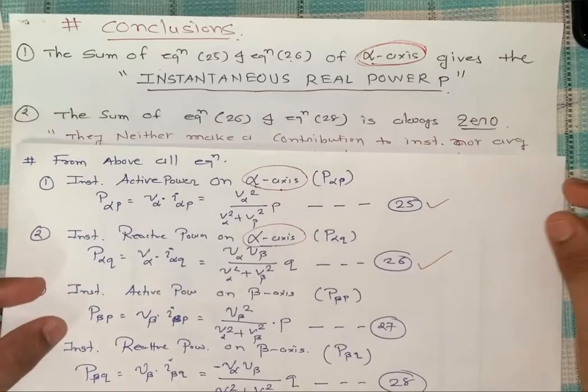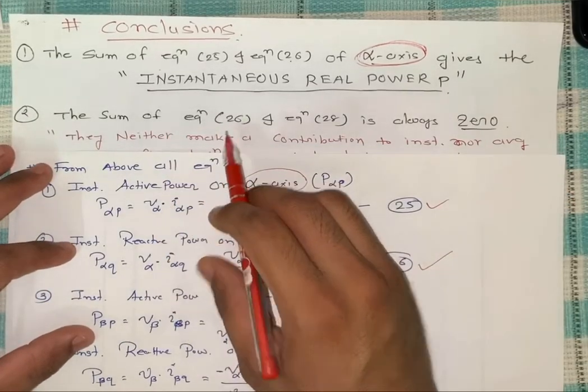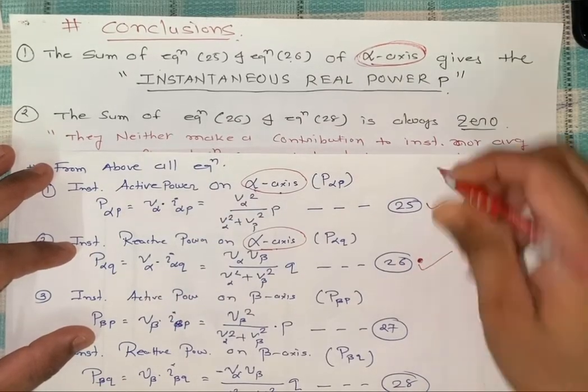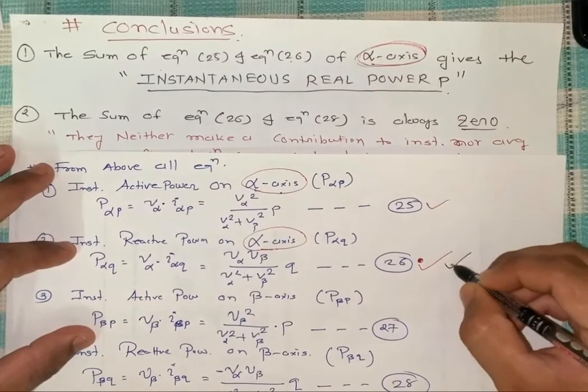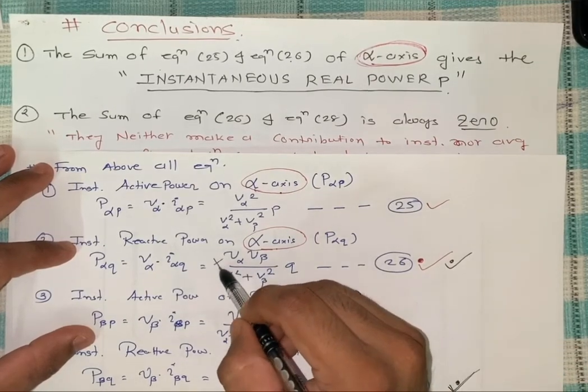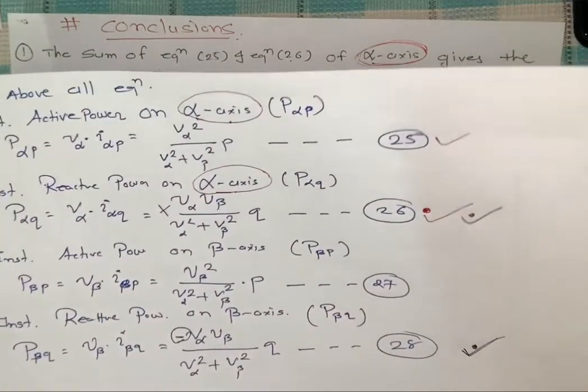But you see the second topic, that is the sum of equations 26 and 28. So 26 is over here, 26 and 28, you can see the similarity. There is a positive form and there is a negative form. So the theory proves that.